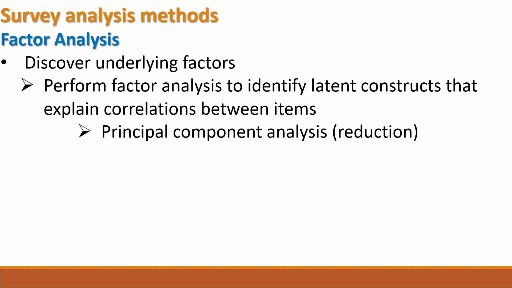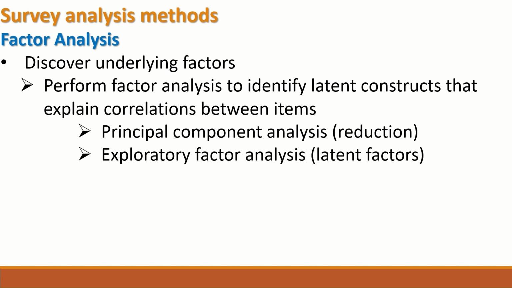There are three major factor analyses. The first one is principal component analysis. This is a reduction technique, a statistical technique. A second one is exploratory factor analysis. This is a statistical method that is used to discover or identify latent factors. And a third important one, which is confirmatory factor analysis.